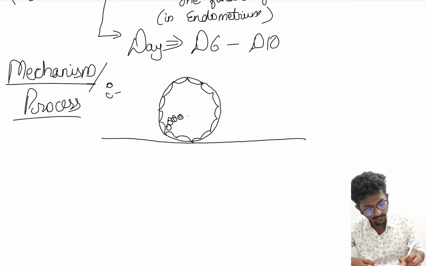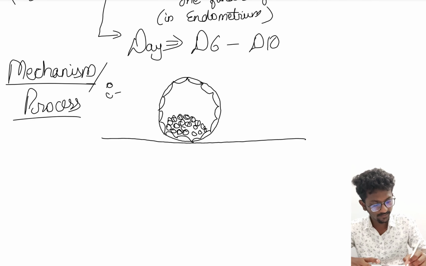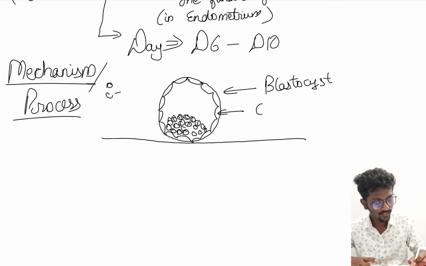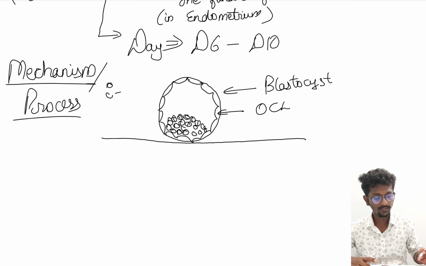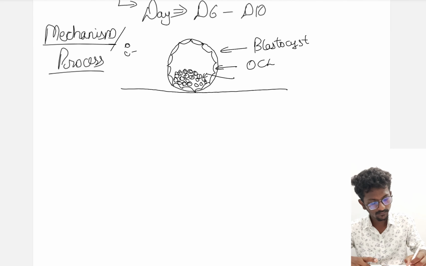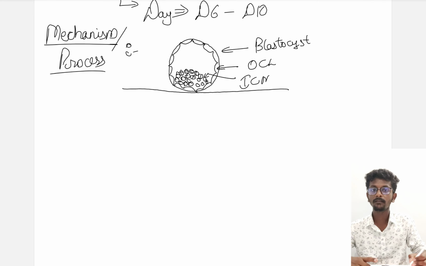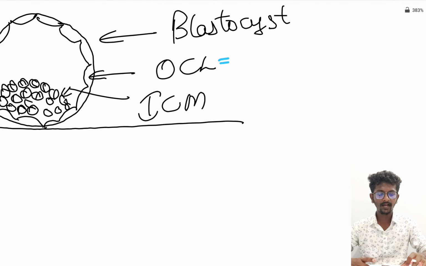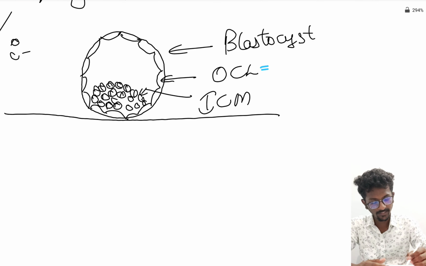This is the inner cell mass. Okay, let me name the things again. This entire thing is the blastocyst. This layer is the outer cell layer, and this inside layer is the inner cell mass.